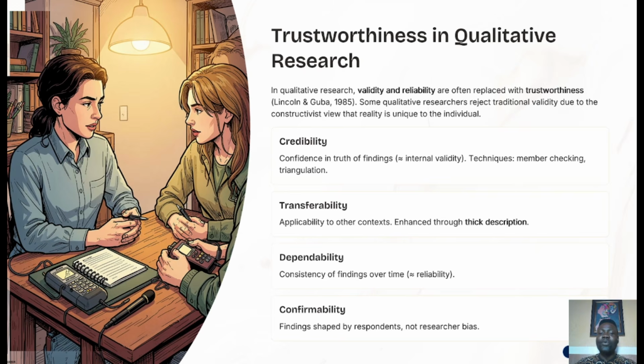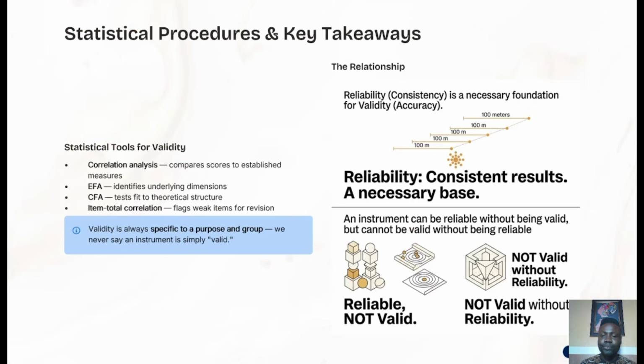That means the confidence in the truth of the findings, the transferability to other contexts, the dependability, that is the consistency of the findings over time, and the confirmability. These are things that are actually covered in qualitative research, which is very deep, and which we can't complete in this video.